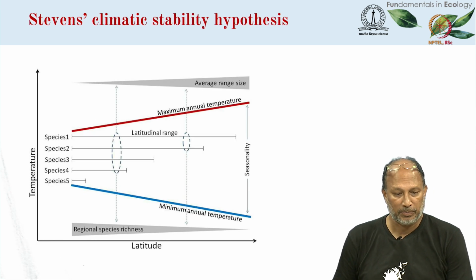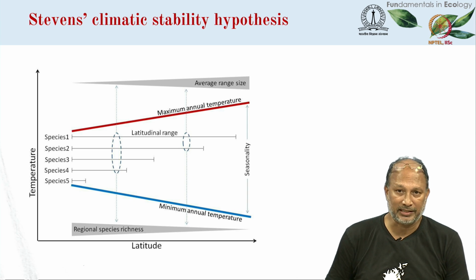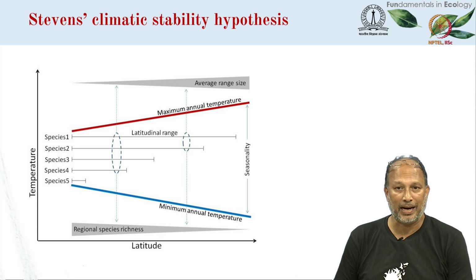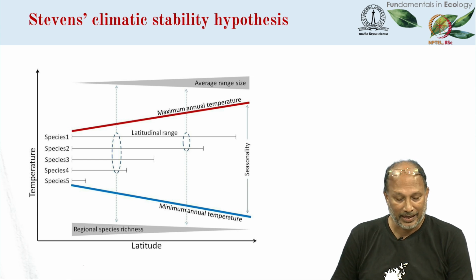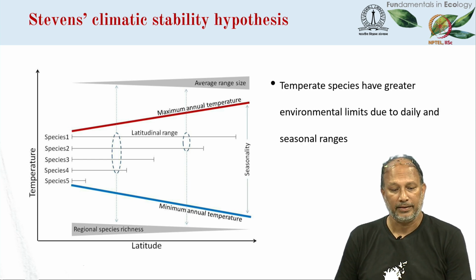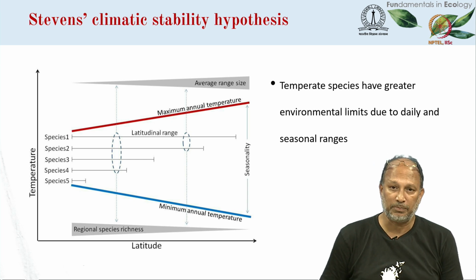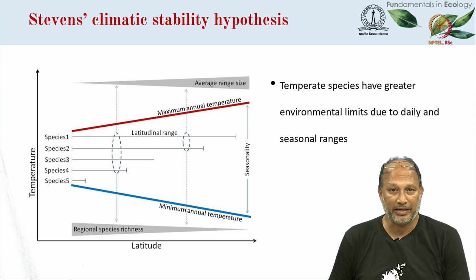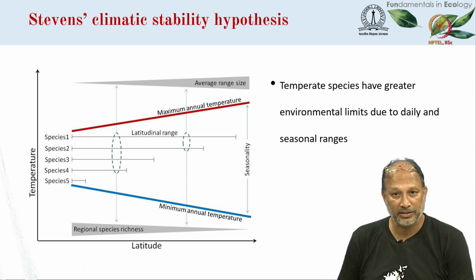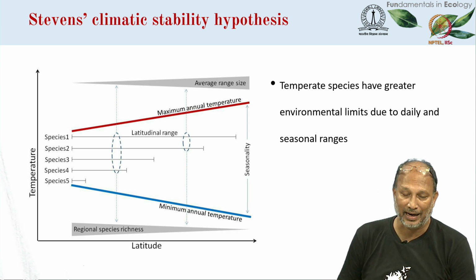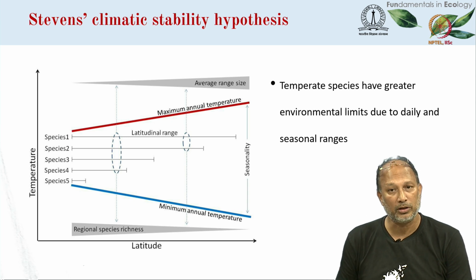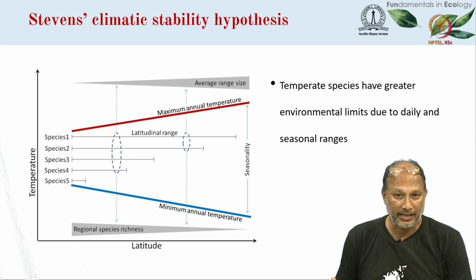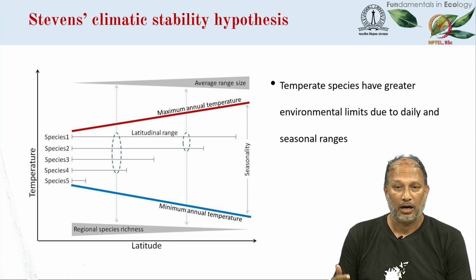Now Stevens proposed something called the climatic stability hypothesis when observing this pattern and naming it as Rapoport's rule. He also said that one of the mechanisms that he postulated might cause this is that temperate species have greater environmental limits. So something that survives in temperate regions, because of the nature of temperate climate, has to be adapted to hot and cold, because the annual range in temperature, the daily range in temperature even at certain times of the year were quite substantial.